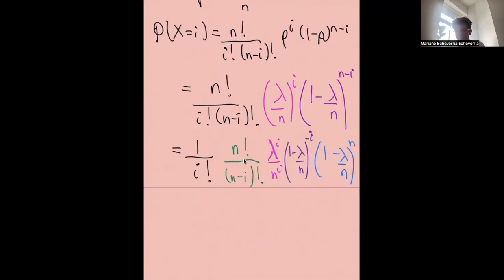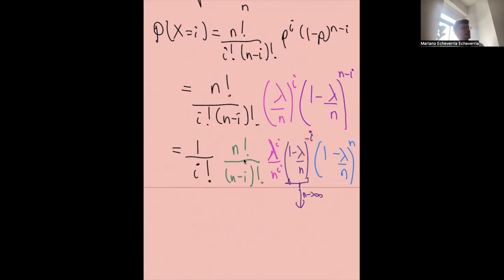Now the idea is that each of these individually is easier to analyze. Let's start with the easiest one, this one. What happens as n goes to infinity for this term? Lambda is fixed; I'm assuming lambda is a constant.